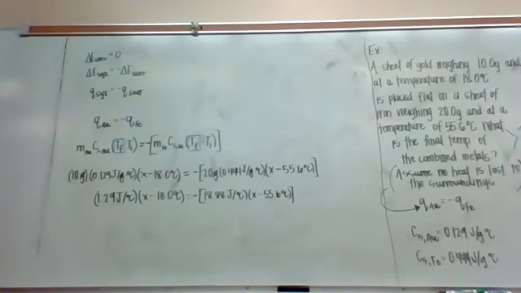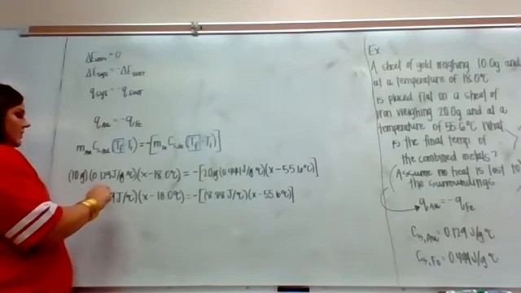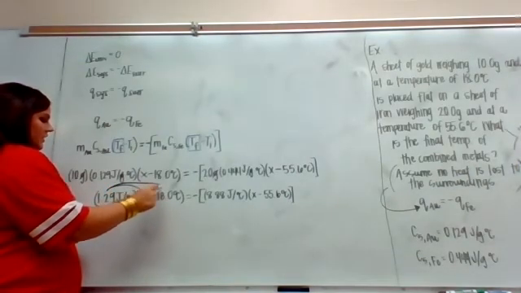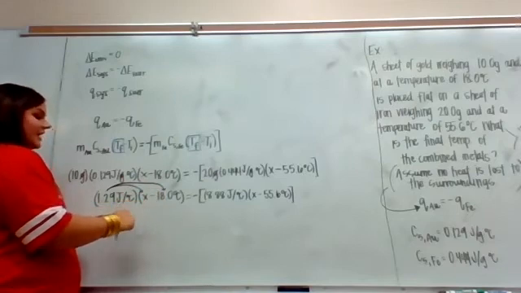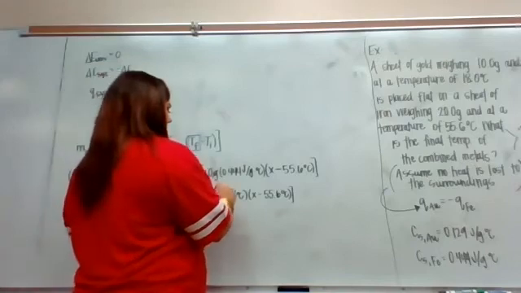Now, here is where you could choose which way you want to go. What I normally do here is I distribute this that I just found to both of my temperature terms. So to my X and to my TI. I do that on both sides.